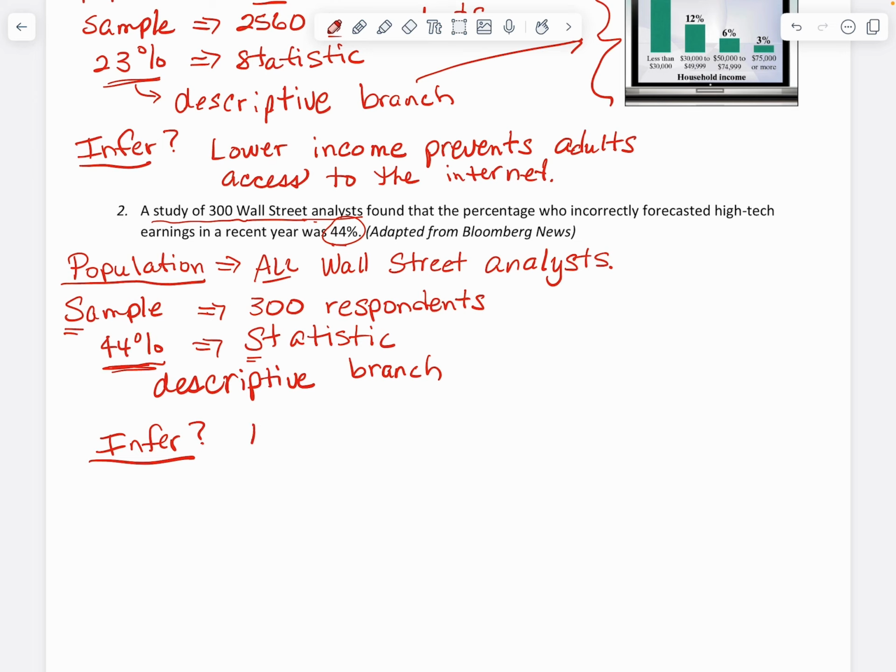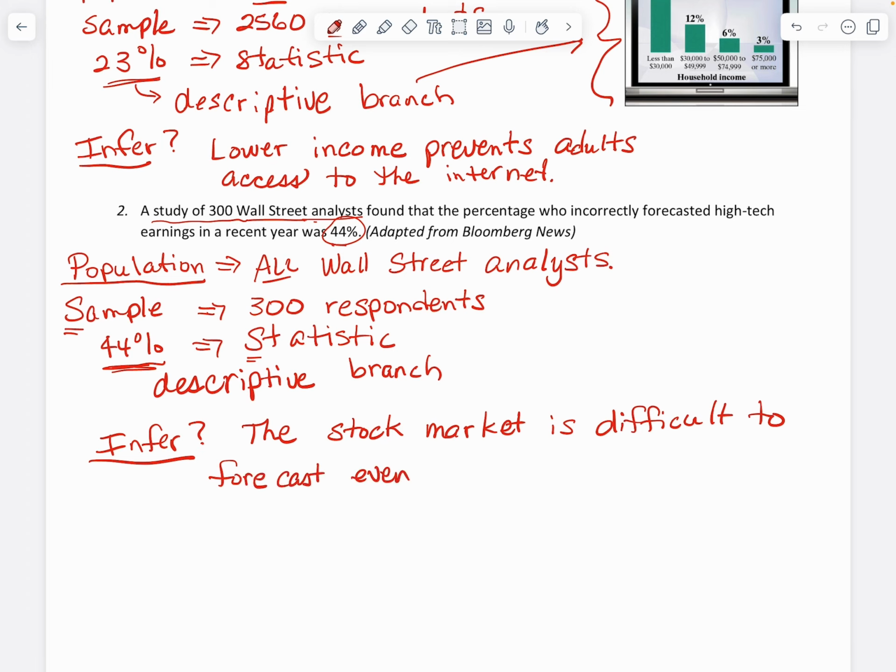So you might say something like the stock market is difficult to forecast, even for professional analysts.